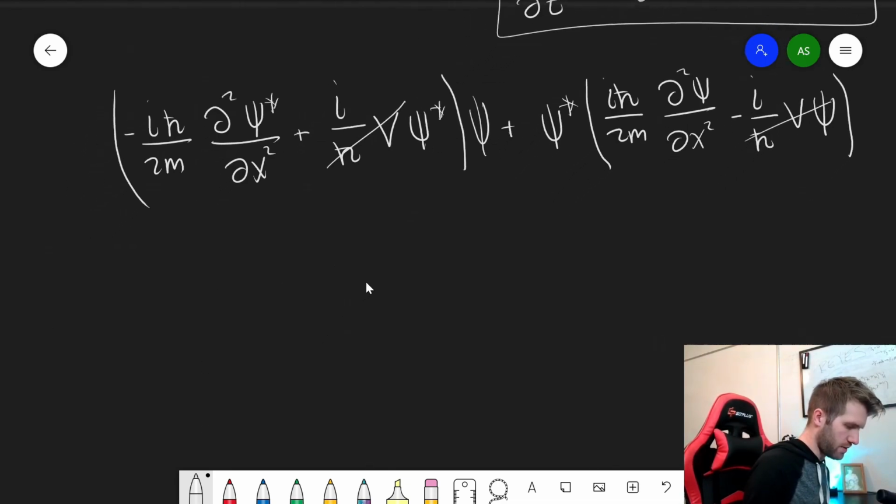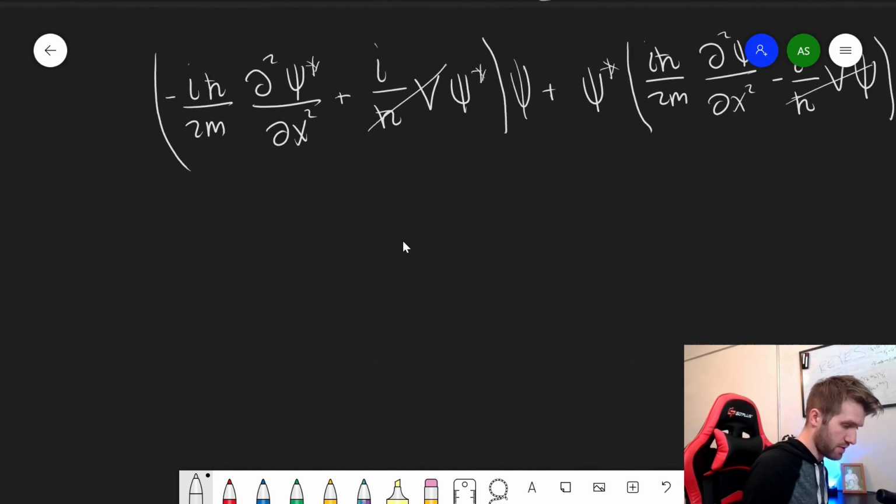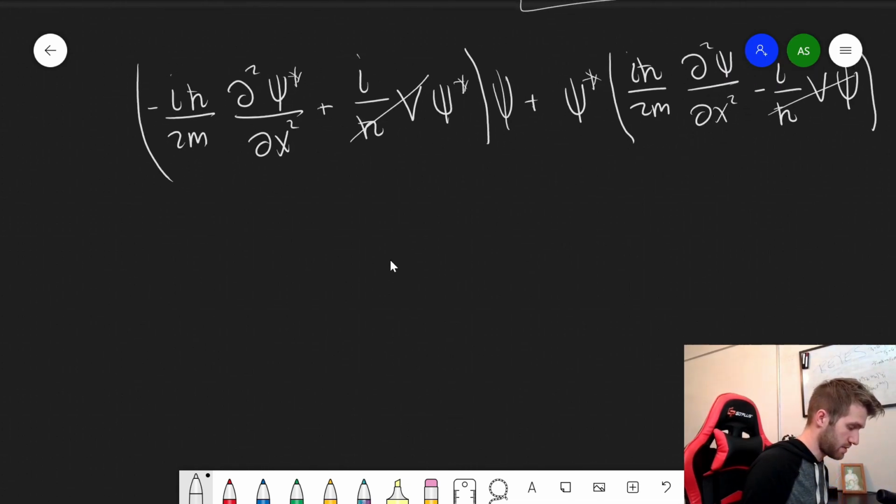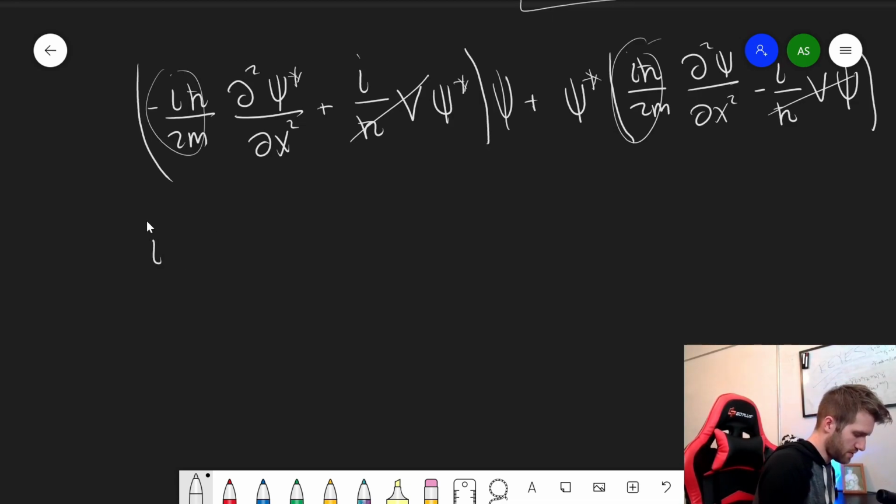And now I want to put this all together back under the integral sign. So I'm going to factor out the common factor of i h bar over 2m, since they're constants, and we're going to pull that out of the integral. So we're going to get i h bar over 2m with some integral from negative infinity to positive infinity, where now I'm going to rearrange this.